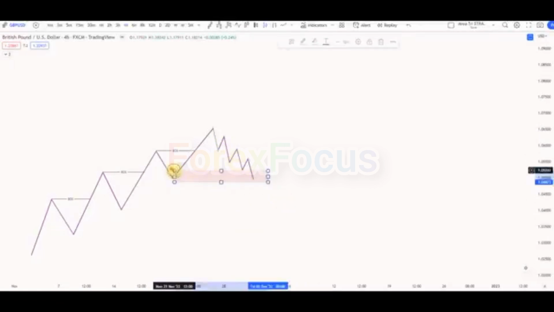Once you see the market coming back, you mark your demand zone somewhere around the higher low and the higher high. So basically the market is trading between this low to this high. So this is your trading range.